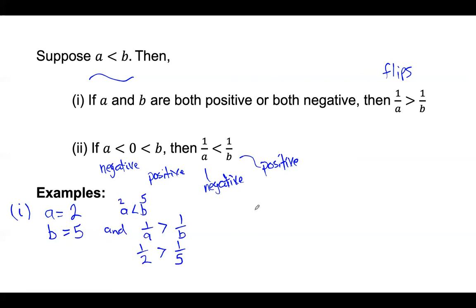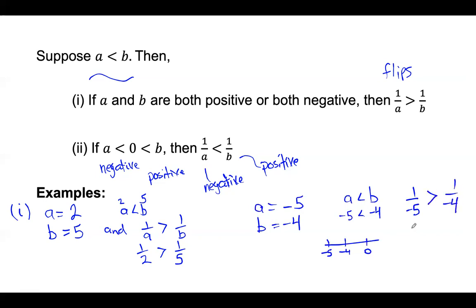Now, that's if they're both positive. If they're both negative, we have A equal to, let's say, -5, and B equal to -4. We see that A is less than B, so -5 is less than -4. We know this by the number line. Here's 0, here's -4, here's -5. And then the inequality will flip. 1 over -5 is now greater than 1 over -4.